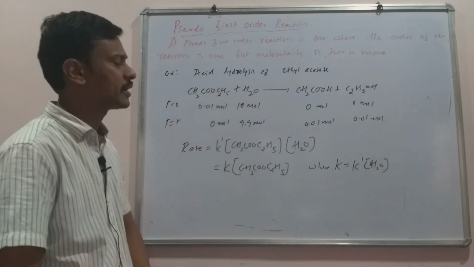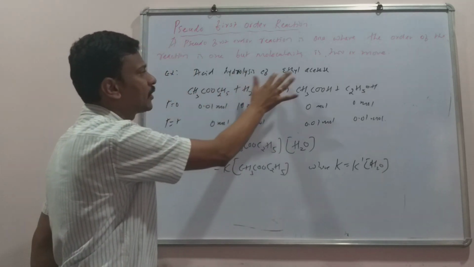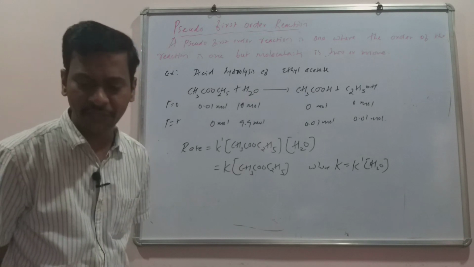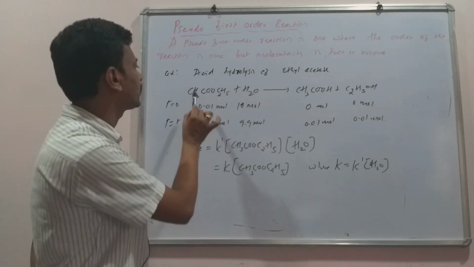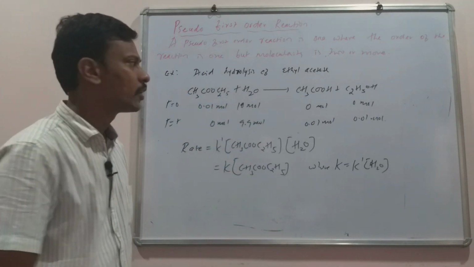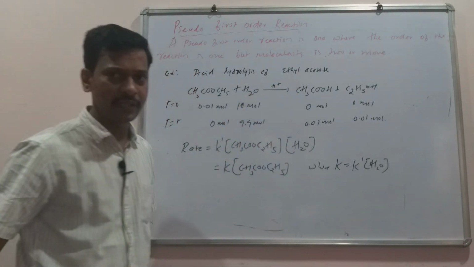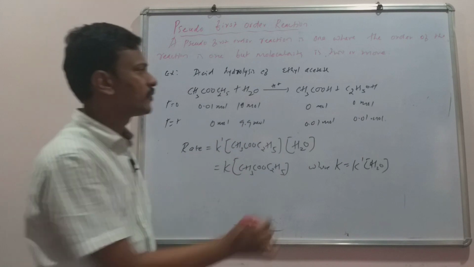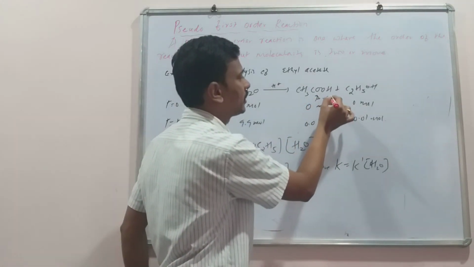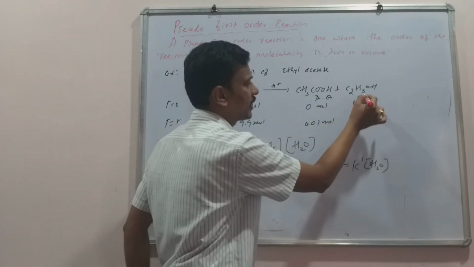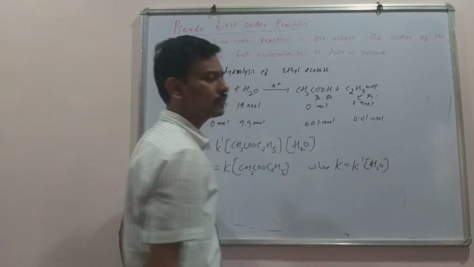An example of a pseudo first order reaction is the acid hydrolysis of ethyl acetate. As you know, ethyl acetate, CH3COOC2H5, in the presence of acid as a catalyst, undergoes hydrolysis, meaning addition of water, to give acetic acid and ethyl alcohol.